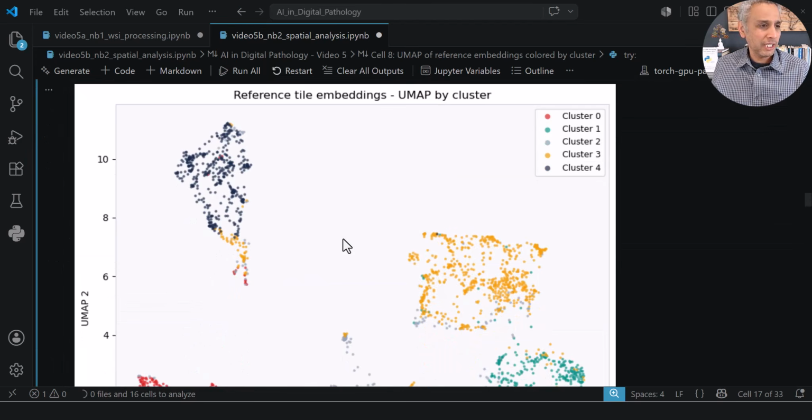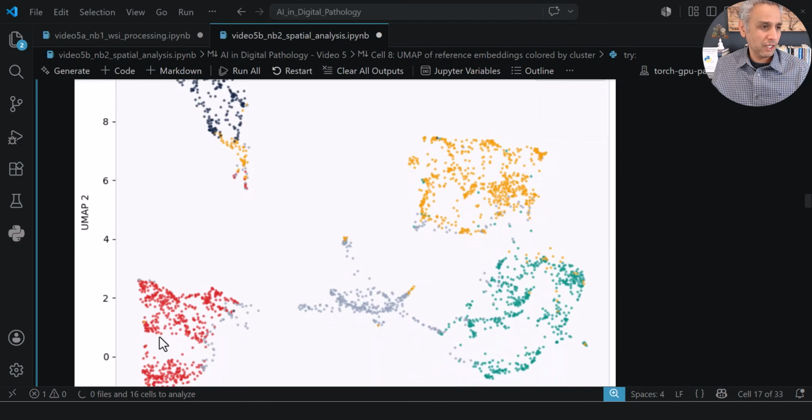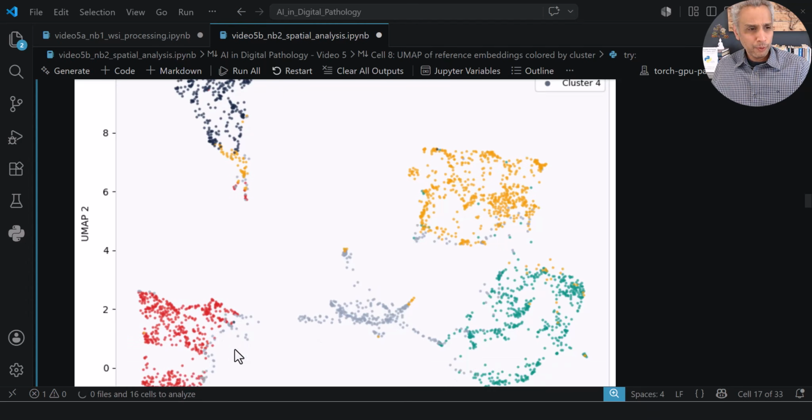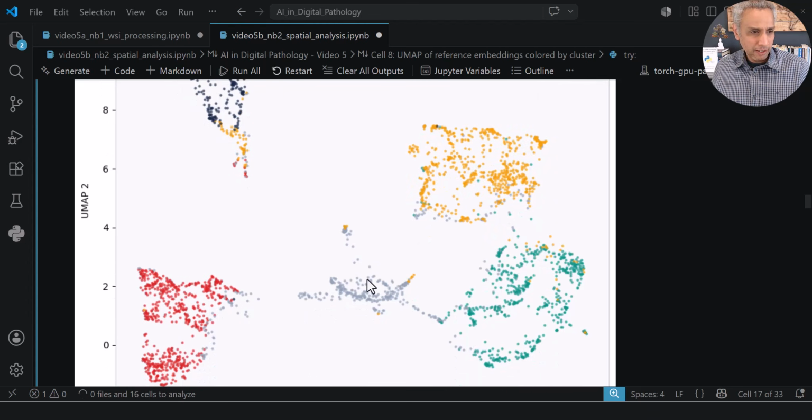We already saw that these clusters are very nicely, tightly clustered, like the red cluster here and the navy one in the upper left. These are compact, isolated islands in the UMAP space. There is some diffuse overlapping, but in general they are tightly clustered.